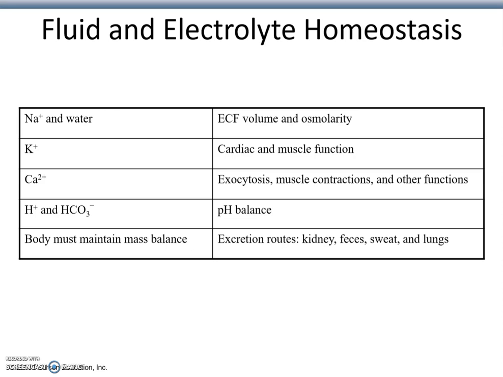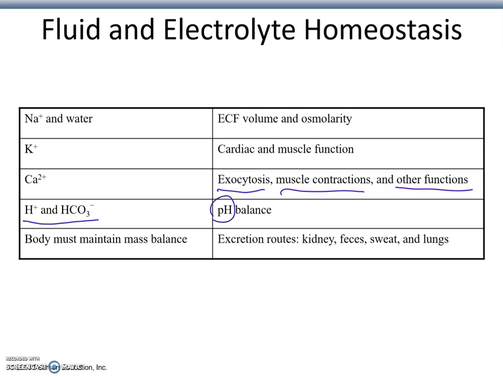Potassium homeostasis is very important for muscle function in general, skeletal, cardiac, both. Calcium homeostasis is very important for a whole host of functions, for example, exocytosis, muscle contraction, and many other functions. And then hydrogen ion and bicarbonate balance, that plays a role with your pH balance.